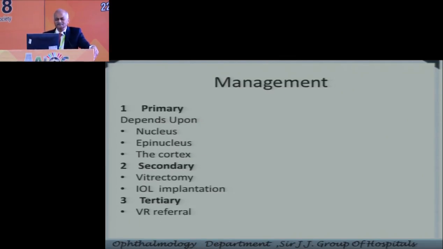Now the management. The management depends on the primary, which is the nucleus, epinucleus or cortex, whatever is remaining. Then the secondary, the vitrectomy or IOL implantation, and tertiary is a VR referral.